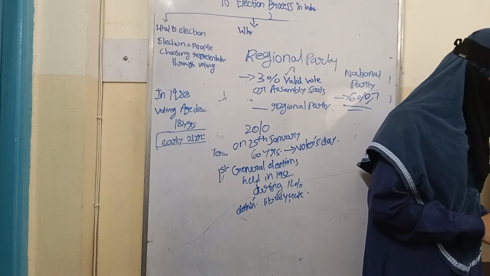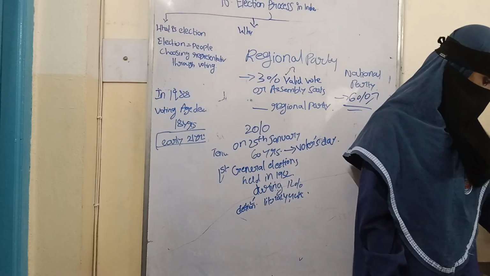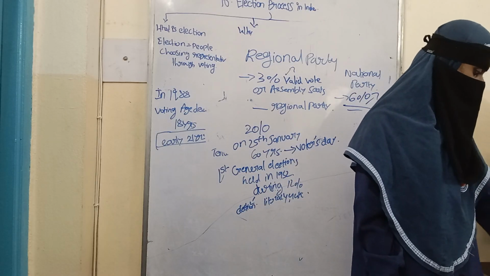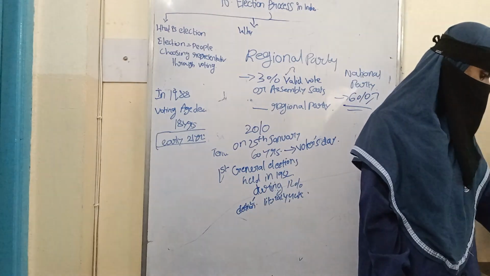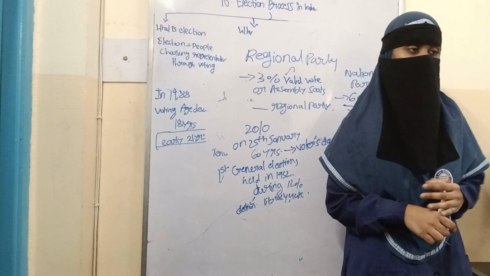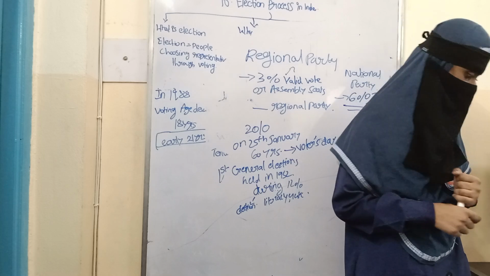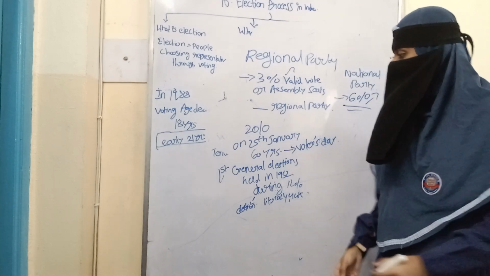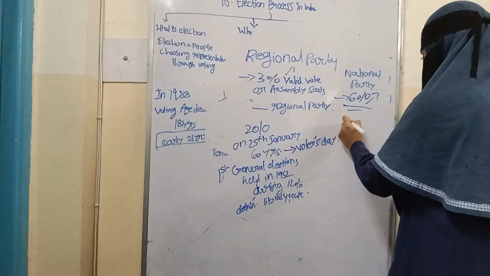At that time, 17.22 crores of voters were present, and now the total voters are 98.4 crores.